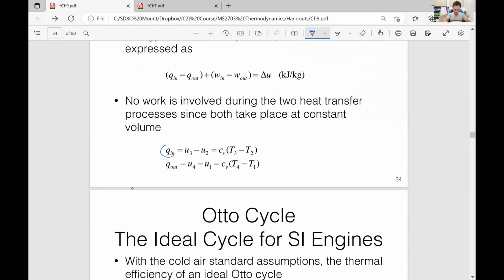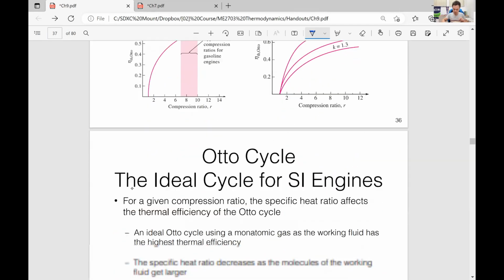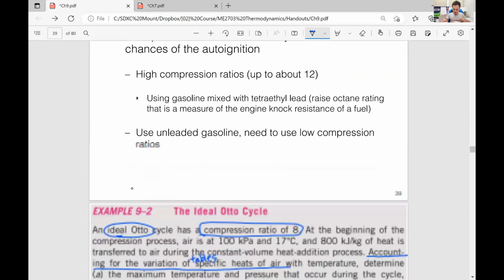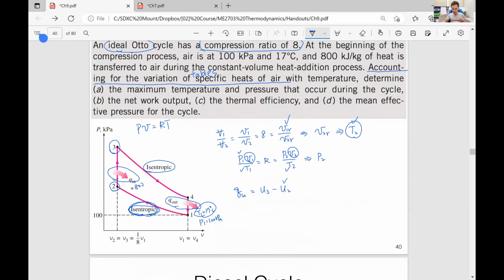Q in is U3 minus U2. And don't forget, internal energy and enthalpy of an ideal gas depend on temperature only as well, right? So we know T2, so we can know U2, right?